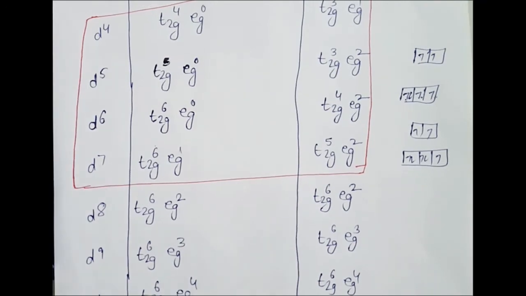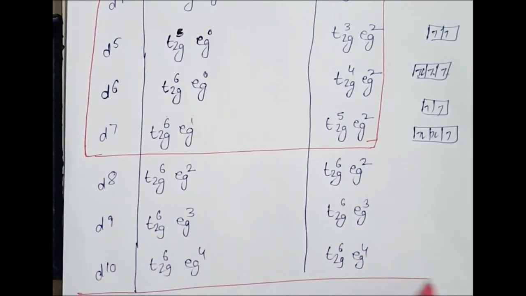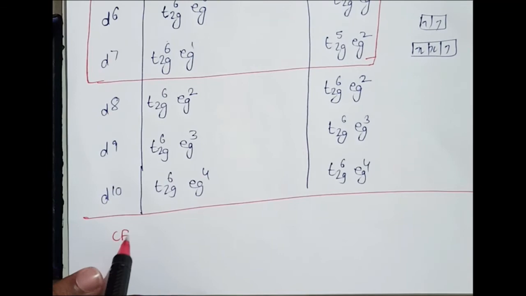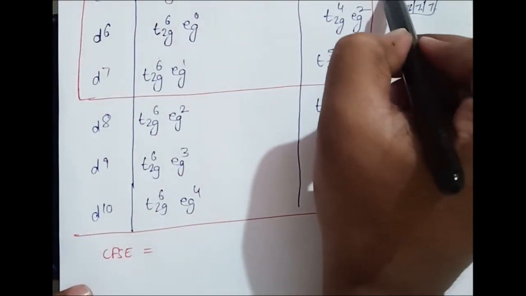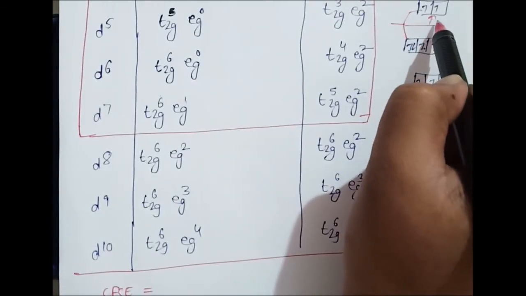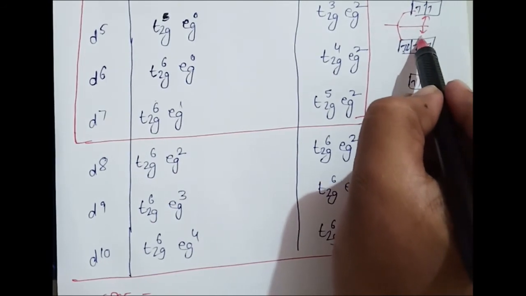So now next, we have to calculate the energy. How to calculate the crystal field splitting energy? What is the energy formula? We have drawn it here. The energy of Eg increases by 0.6, and T2G decreases by 0.4.